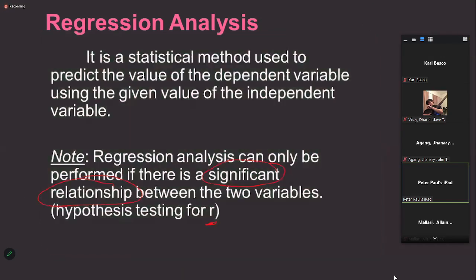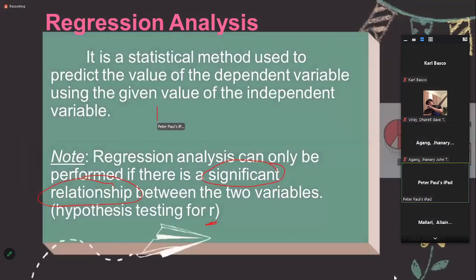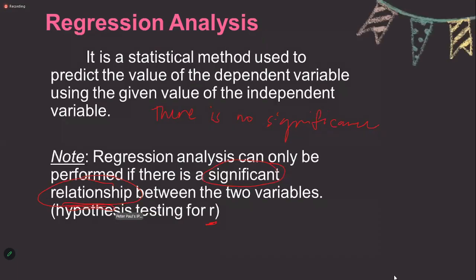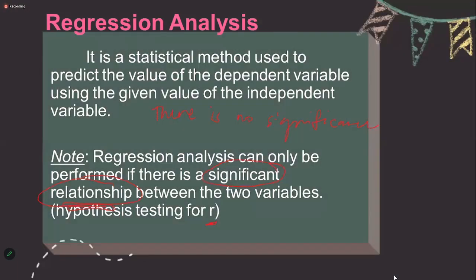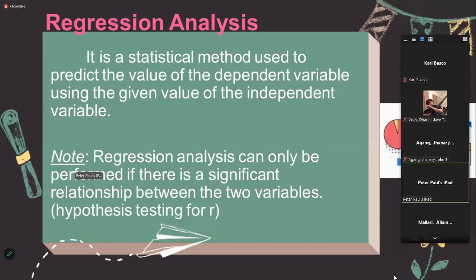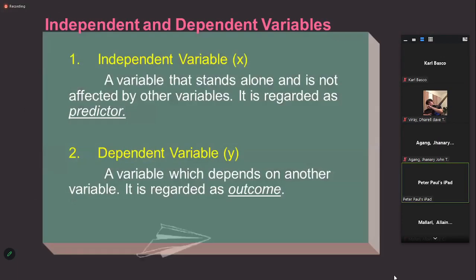Pwedeng sabihin mo, yung null hypothesis mo, there is no significant relationship. Yun yung H sub 0 mo. Pero sa alternative mo, there is a significant relationship. So kapag lumitaw sa study mo na may significant relationship na nag-e-exist dun sa dalawang variable, pwede ka na ngayon mag-regression. Okay? So magpo-proceed ka dun sa regression analysis.